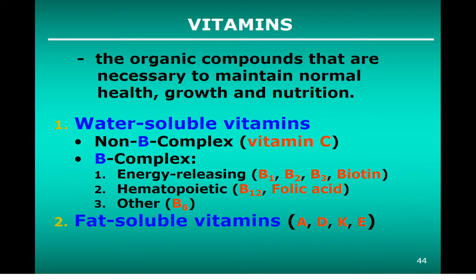So it's a complex compound, and deficiency of cobalt as well as deficiency of vitamin B12 leads to anemia. And folic acid, here also it's a B complex. Among other B complexes, it's vitamin B6. Fat-soluble vitamins: A, D, K, A.